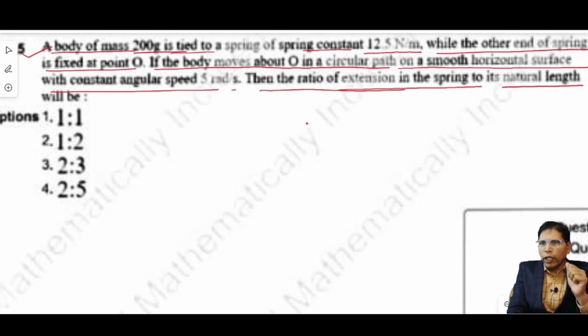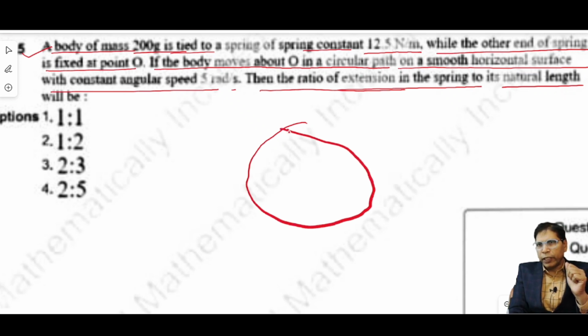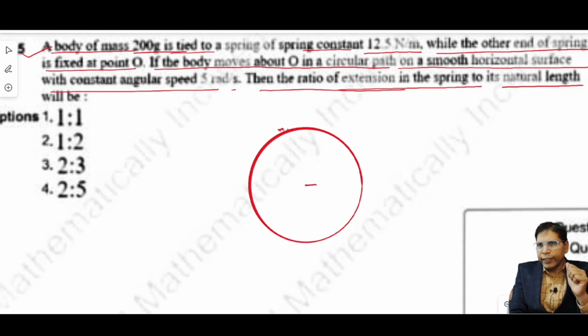Look at this. Suppose this is the circular path described by the body. Okay. So look at this. This is the spring. Okay. Here mass M experiences outward centrifugal force M omega square into R, where R means the original length plus extension X. Okay.